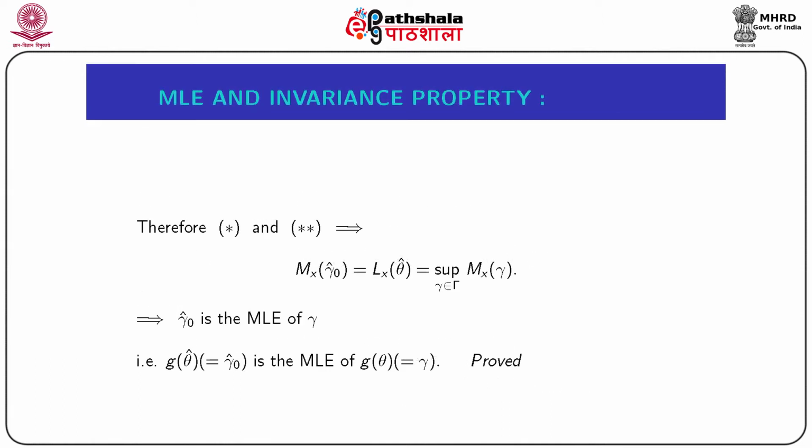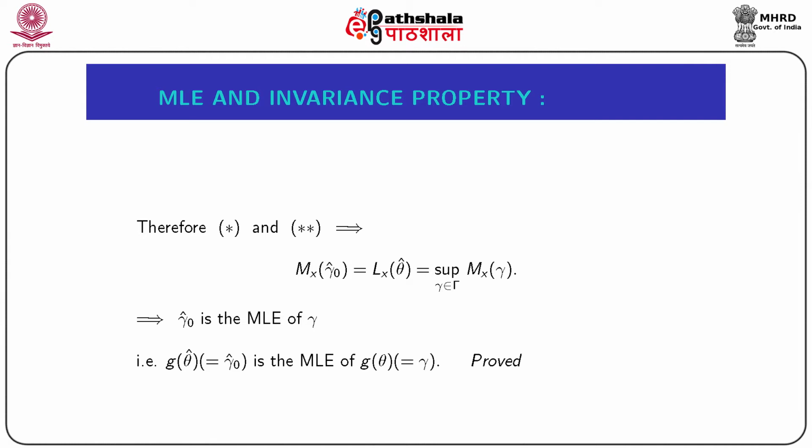Therefore, combining star and double star, we can say that the function M_x at the point gamma naught hat is nothing but the likelihood function L_x at theta hat, and that is equal to the supremum of the function M_x(gamma) over all gamma belonging to the set capital gamma.